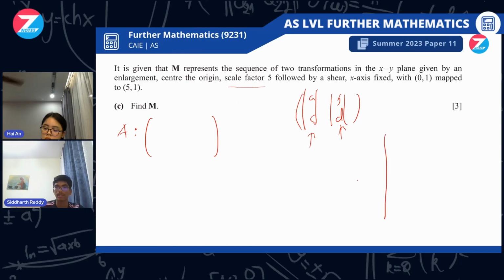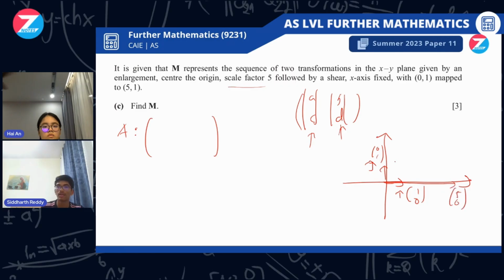The xy plane is always made up of two basic vectors, i hat and j hat, which are (1, 0) and (0, 1). So if they say enlargement with scale factor 5, that means i is being stretched by 5 units, so it becomes (5, 0), and j is also being stretched by 5 units, so it becomes (0, 5).